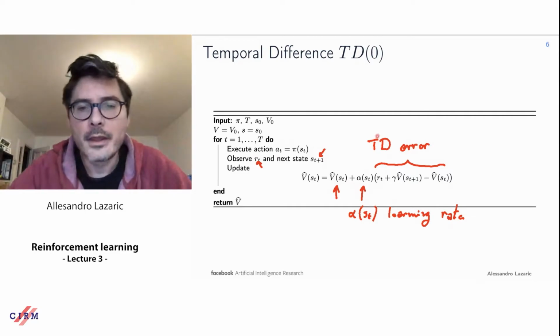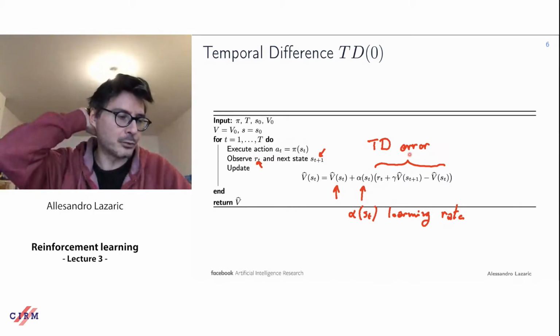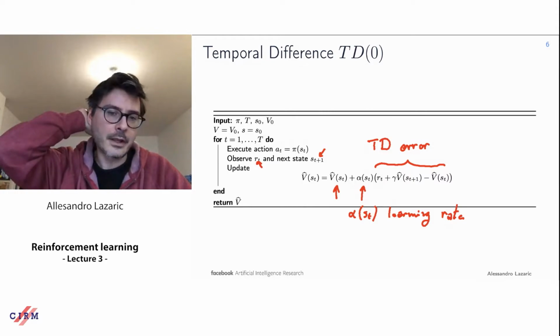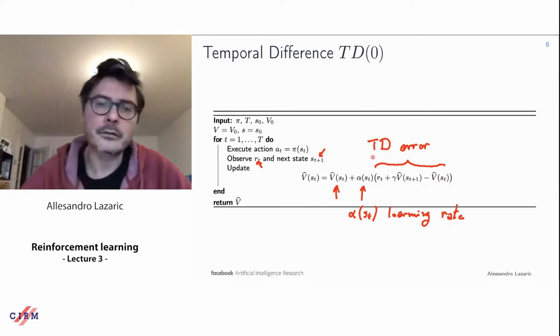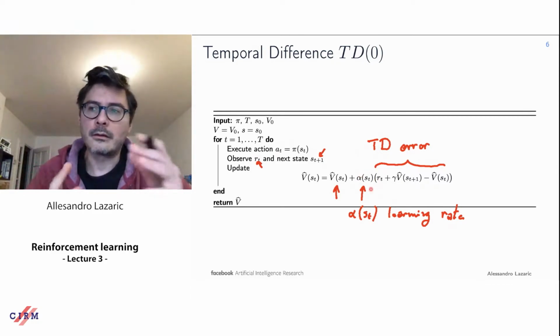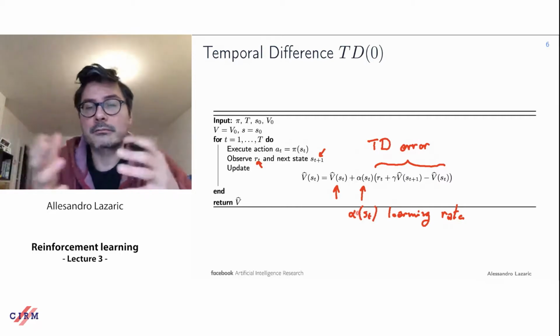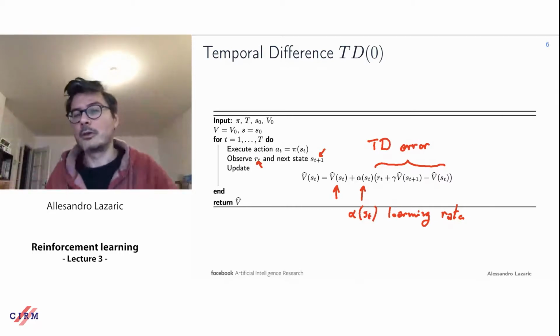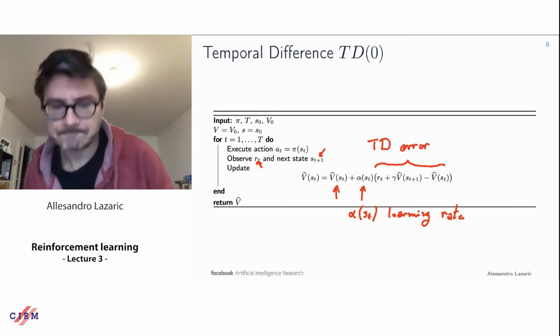So I have an error, and how I could reduce the error is by taking this direction, and I multiply it by a learning rate, which tells me how much to correct my estimate given the current error.